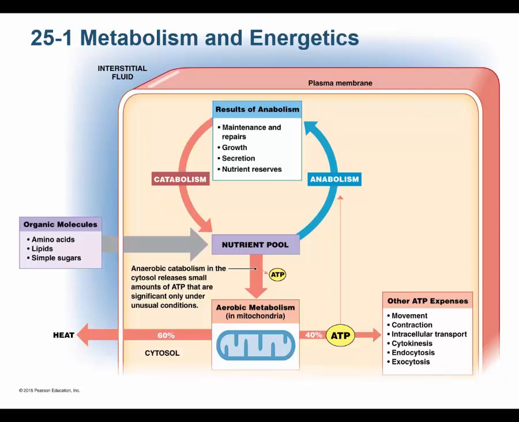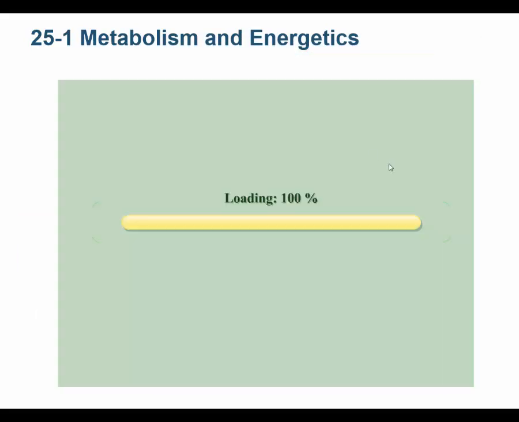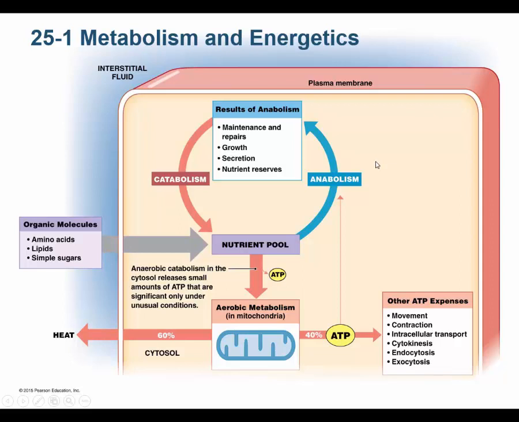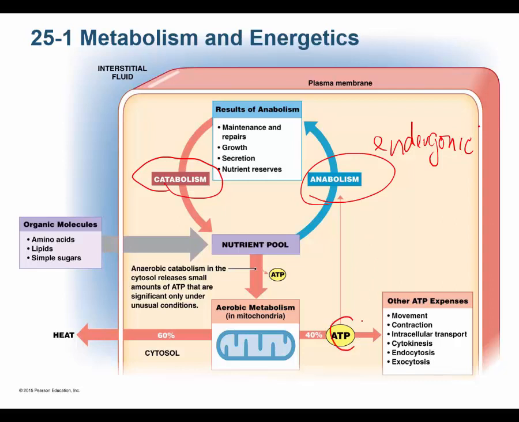Well, first of all, let me remind you that metabolism is the sum of breakdown, which is catabolism, and buildup, which is anabolism. Now, anabolism is endergonic and requires energy, and that energy comes from ATP.